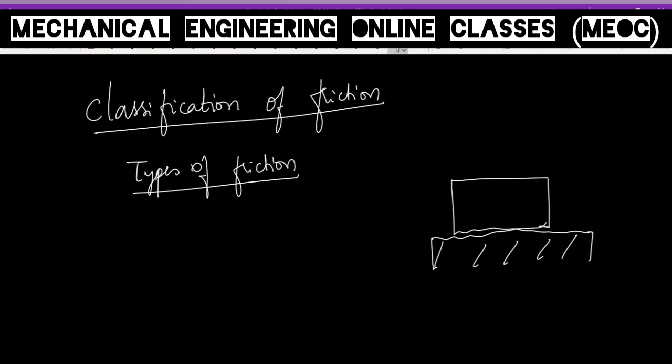So in case two solid objects are in contact to each other, and when they are having a tendency to slide one upon the other, or even if they are in relative motion, the friction that is generated between them, when no care is taken to reduce friction, like if a lubricant is not applied, then that friction developed between two dry surfaces is called dry friction.